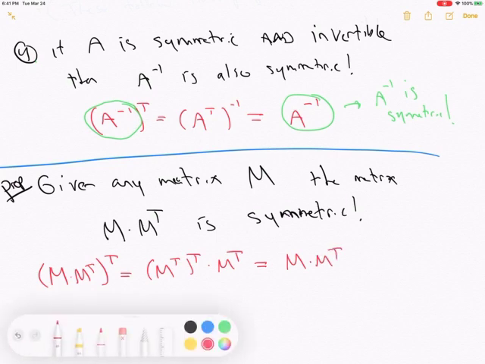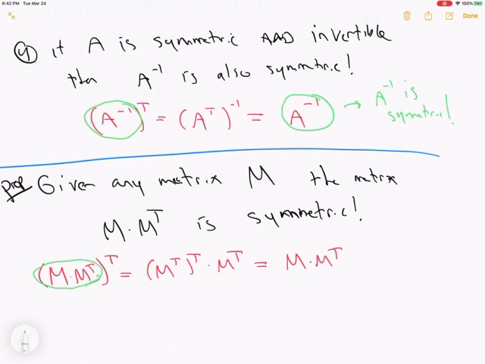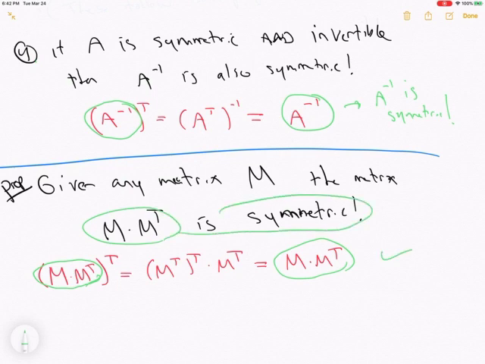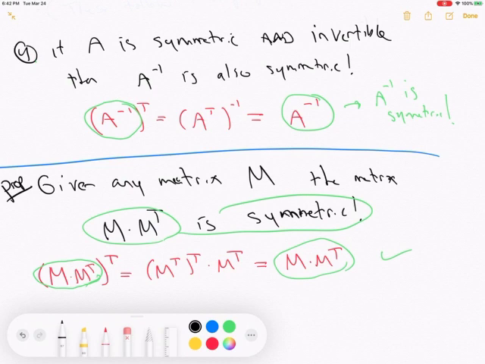So I'm taking the transpose of this whole thing, and it's equal to itself, and therefore that shows that this thing is symmetric. So that's where it comes from. It's just a cool little thing that you can do.